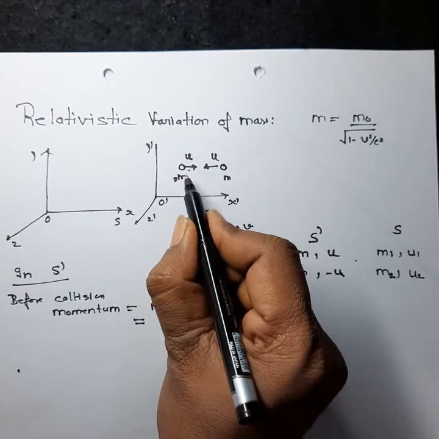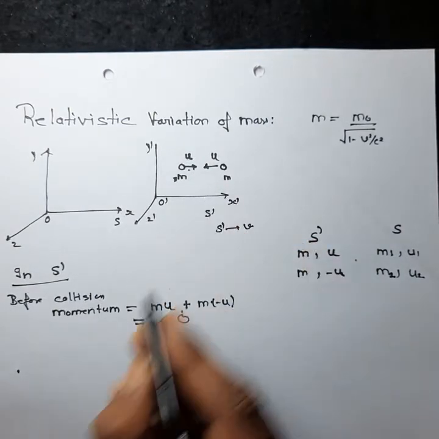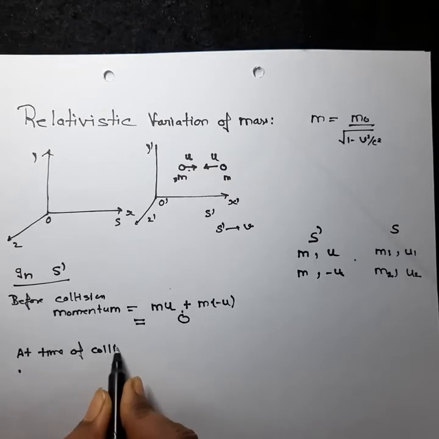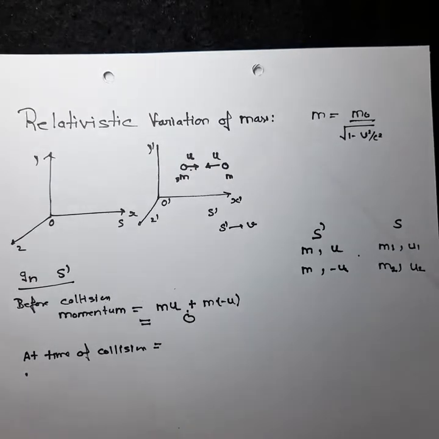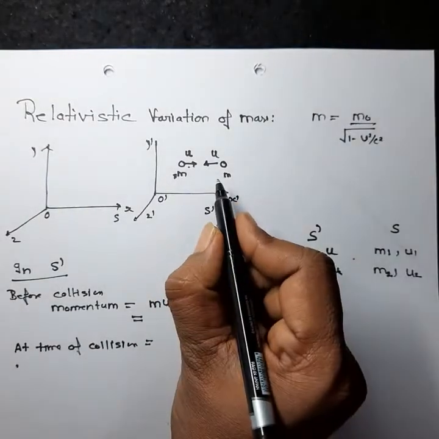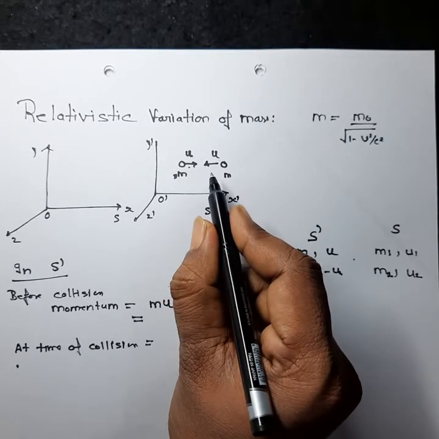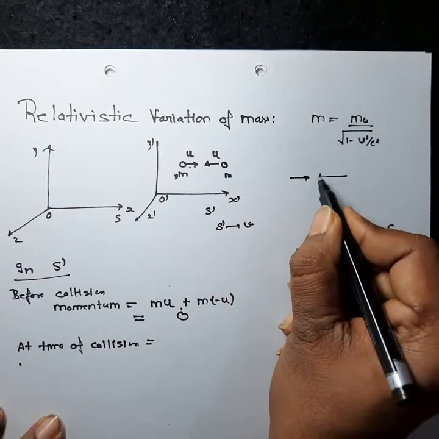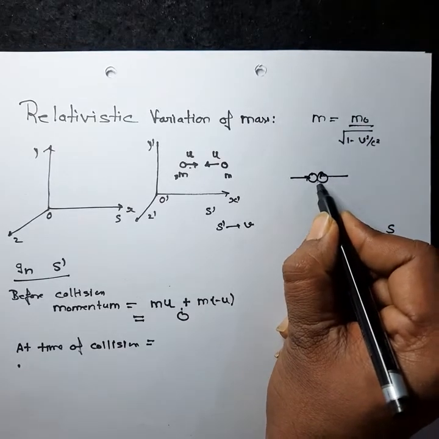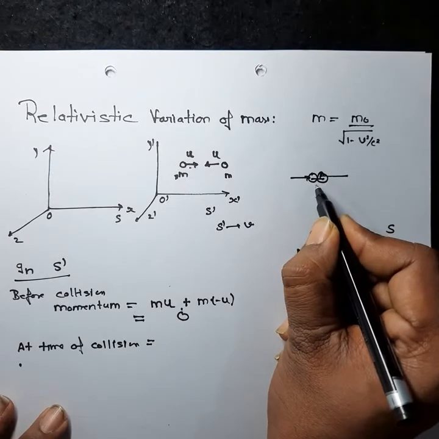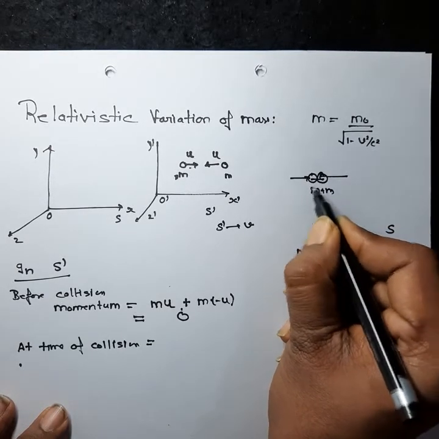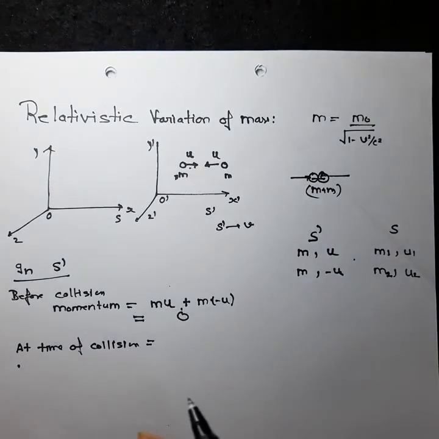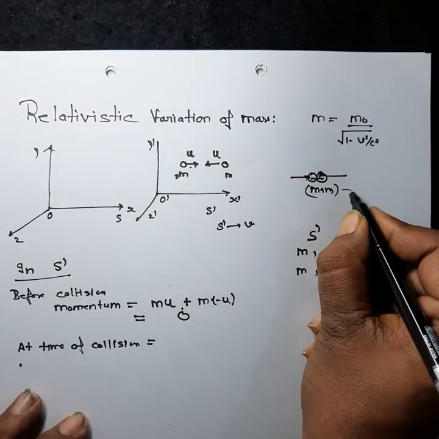At the time of collision, you can consider them momentarily at rest in the S dash frame of reference. Suppose one is coming in this direction and the other in this direction; at the instant when they touch each other, they are equivalent to a body of mass m plus m, and its net velocity will be 0.